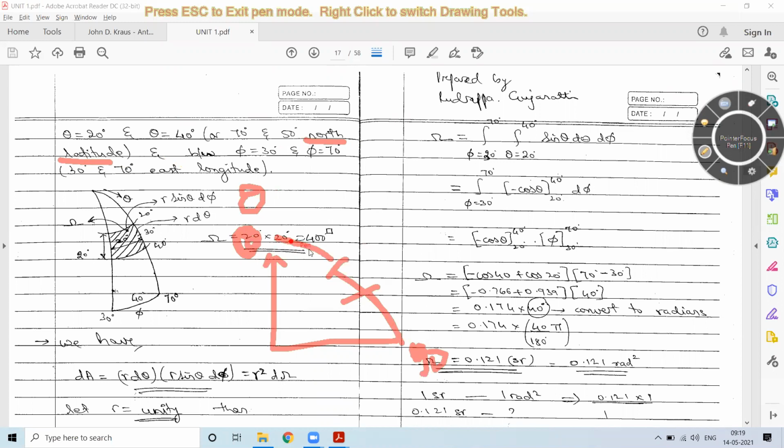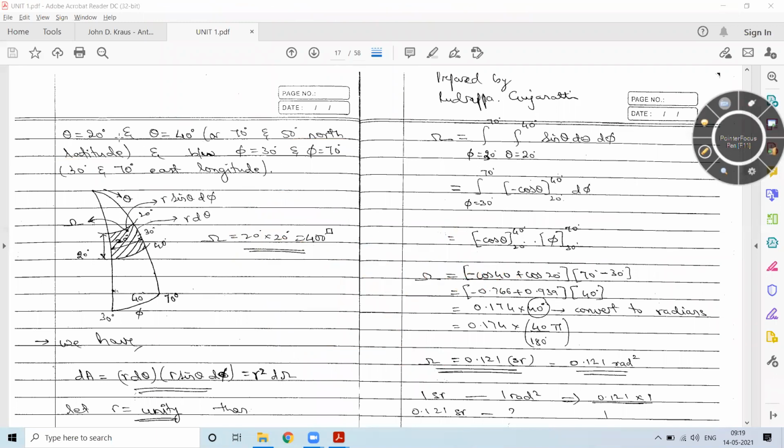So this is 70 degrees north latitude, but with respect to theta it will be 90 minus 70, which is 20 degrees. Similarly the other value, 50 degrees north latitude, with respect to theta is 90 minus 50, which is 40 degrees. That is why this angle is represented so.